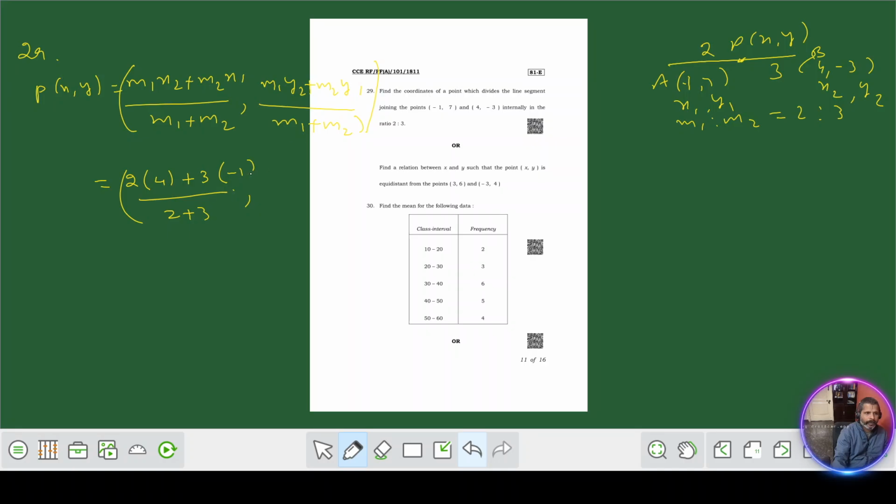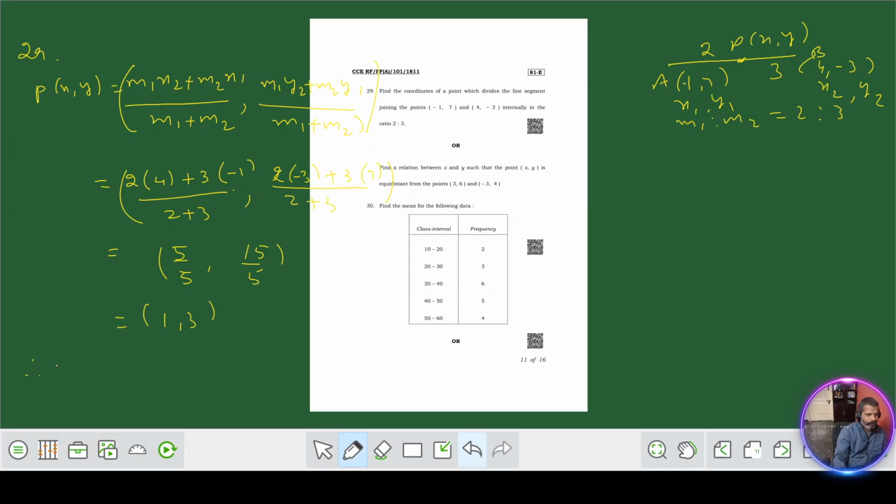This is the first part. m1 is again 2, y2 is minus 3, plus m2 is 3, y1 is 7, by 2 plus 3. So 8 minus 3, 5 by 5. This is minus 6 plus 21, 15 by 5. On simplification, the required point is 1, 3.